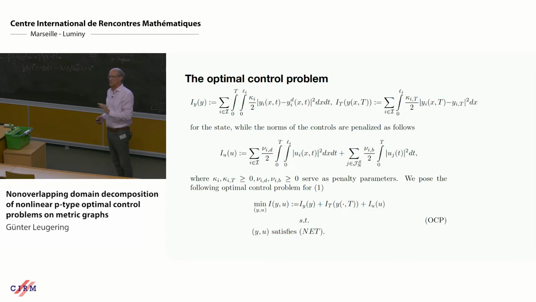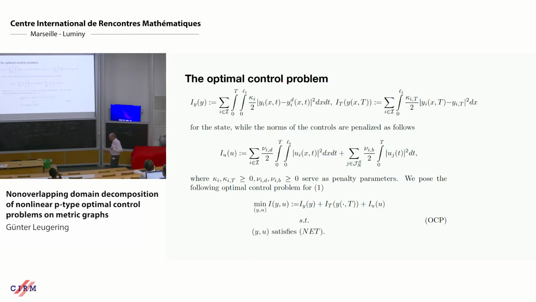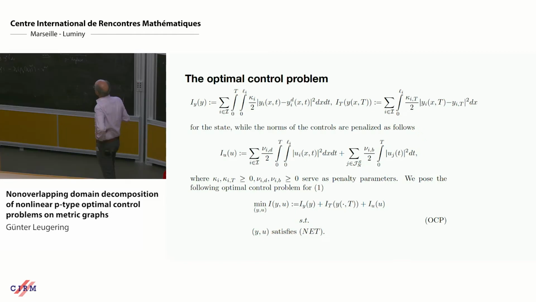So it's a different question than what Arnaud was talking about, because you want to control at a particular node two variables, pressure and flux, by boundary control. We call this nodal profile control or sidewise control. So all this is possible here, right? And then you have the cost function, and you want to minimize the cost subject to y and u satisfying the network equations, right?